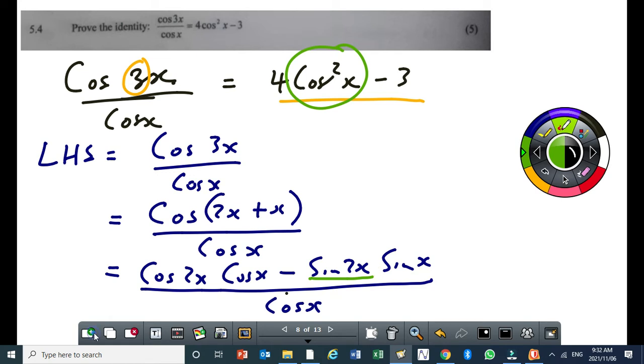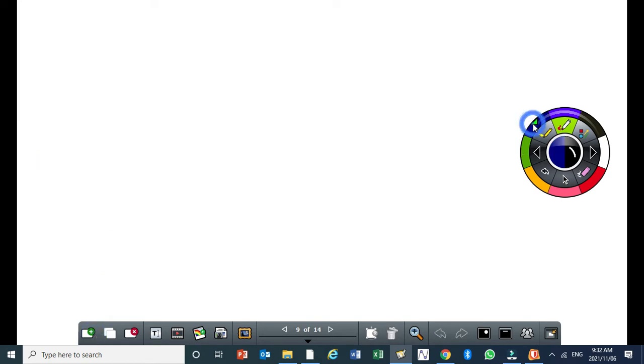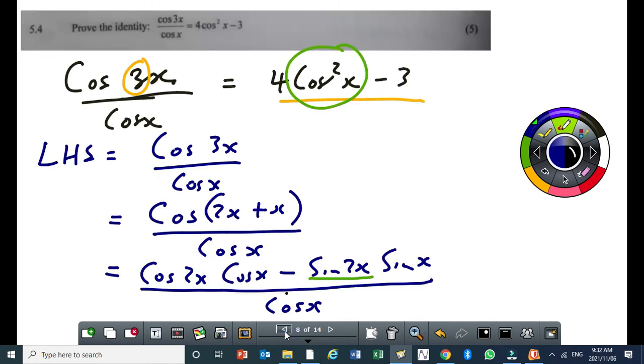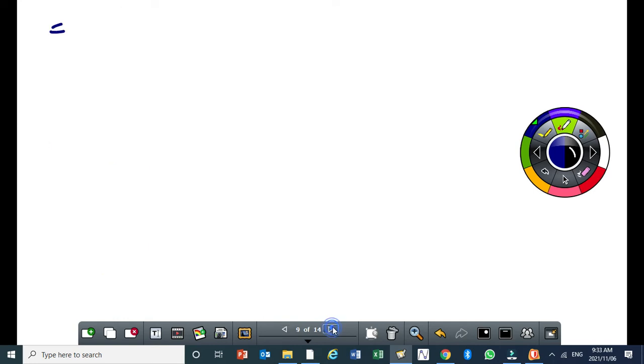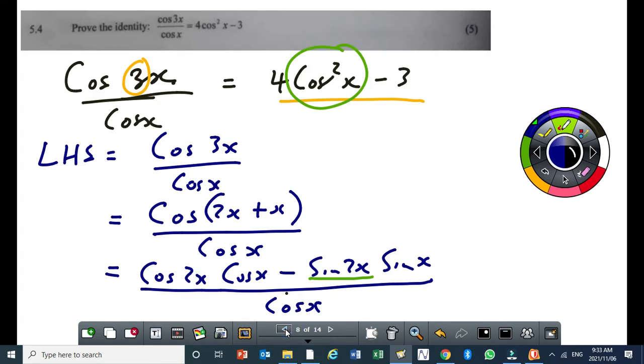Before I carry on, this cos 2x, we don't want it. So we're going to convert it to a double angle for cos, so it's going to become 2 cos squared x minus 1. That is equivalent to this. Someone might ask, what is he writing?